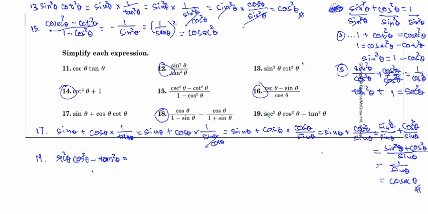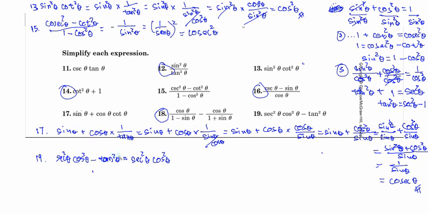Now, let's see whether we can use this to simplify this. Actually, for all these, you can try different ways. It's not restricted to one way only. Now, tangent square theta: if I bring the 1 over here, tangent square theta is actually secant square theta minus 1.